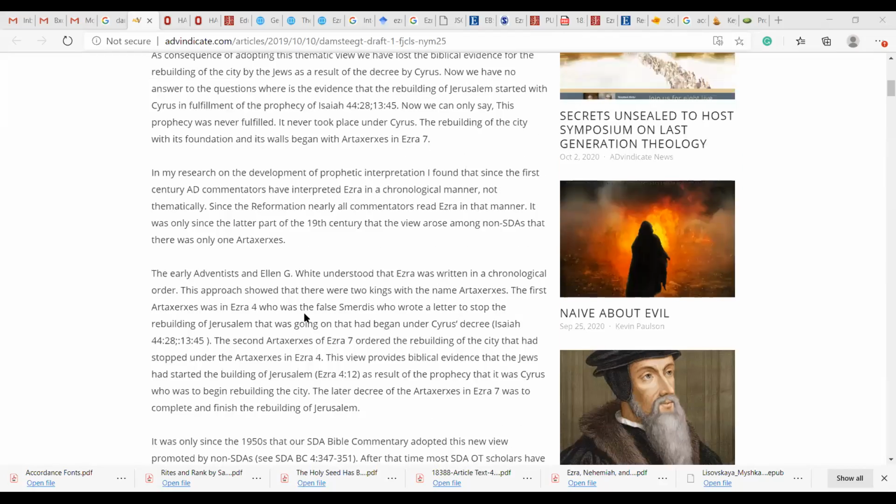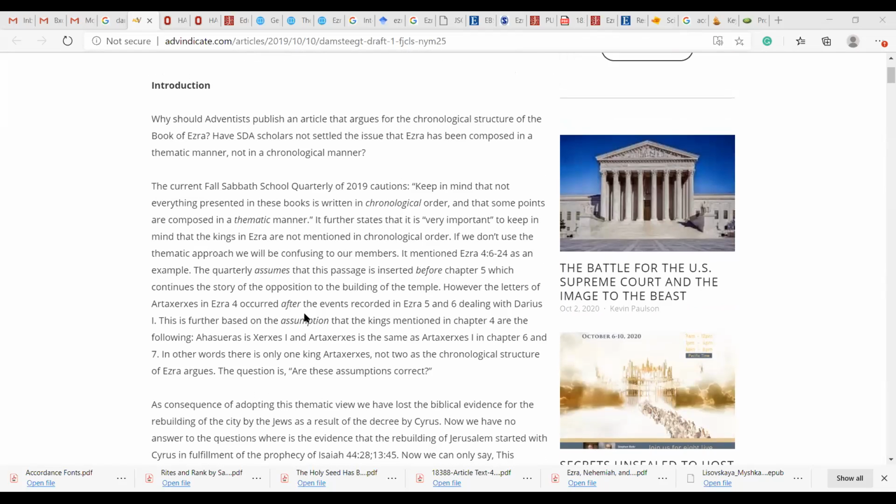Why? Because when we read the letter that was written during the time of Artaxerxes, it looks like they reported a big progress of those people who built Jerusalem. "So let it be known to the king that the Jews who came from you have returned to us at Jerusalem. They are rebuilding that rebellious and evil city, finishing its walls and repairing its foundations.